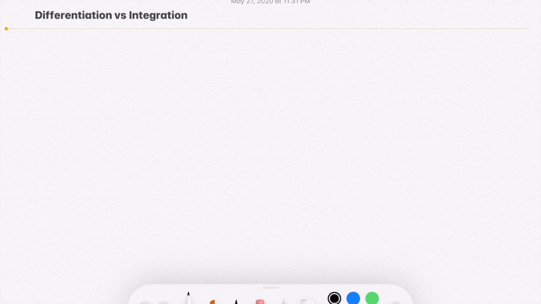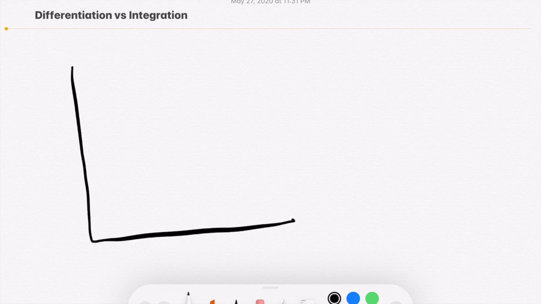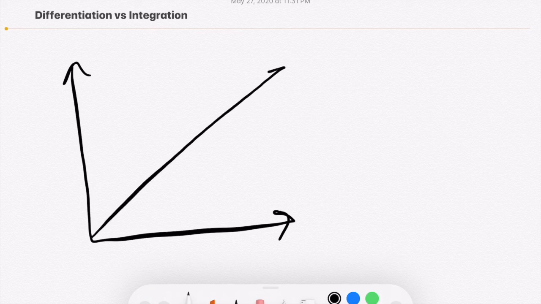But now I want to get into something about integration, the relationship between differentiation and integration. If we were to look at the example we looked at earlier of y equals 2x, and we were to graphically model it like this, and we say this is y equals 2x, we know that the slope or the derivative of this graph would be 2.